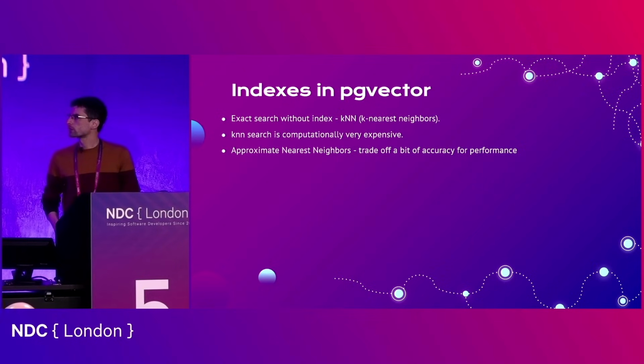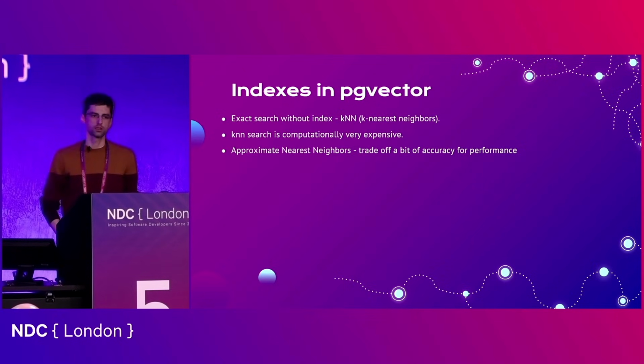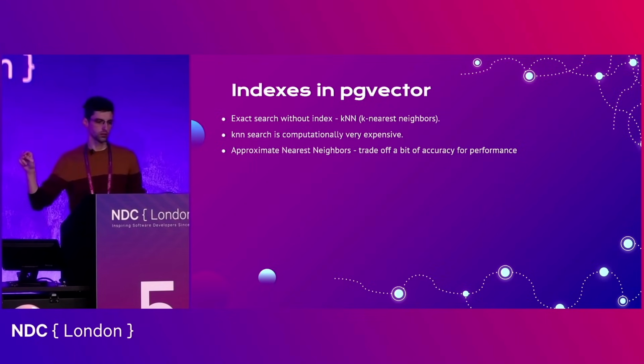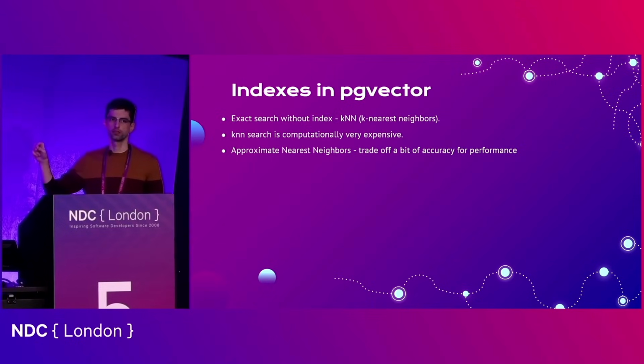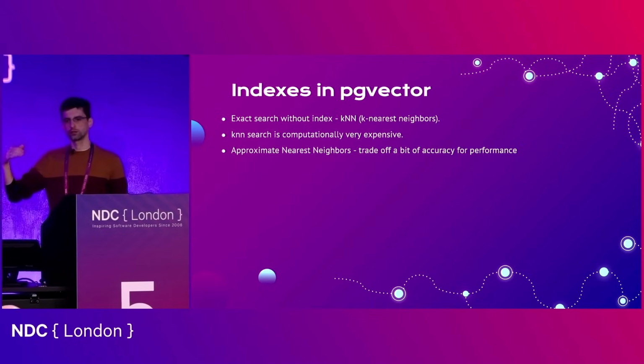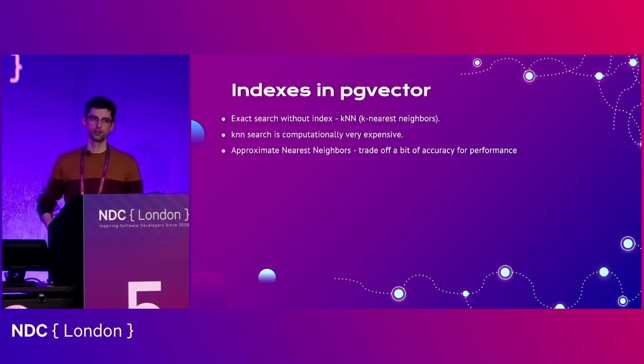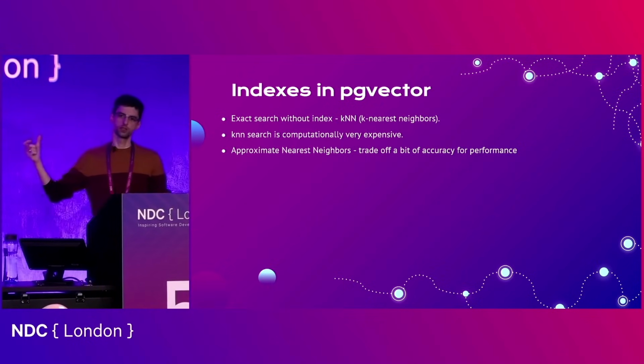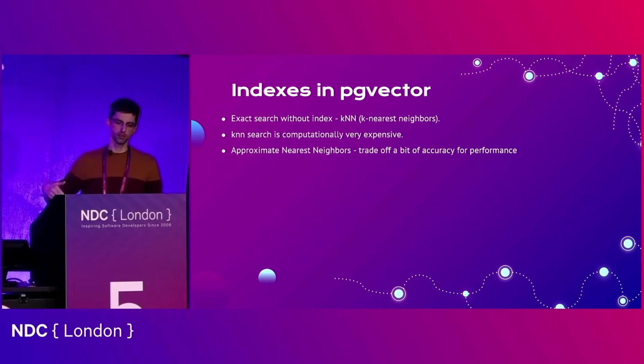So for querying the vector embeddings and finding the nearest neighbors, if we do an exact search, then it will get a lot slower when we have lots of data, because Postgres will have to compare our query vector embedding to every row in the database.